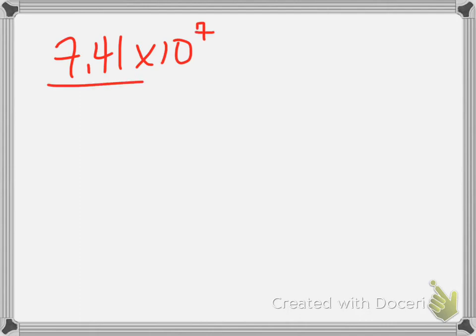So if, and then we'll do a combined problem. All right. 7.41 times 10 to the 7th divided by 2.9 times 10 to the 3rd. We do a lot of these.